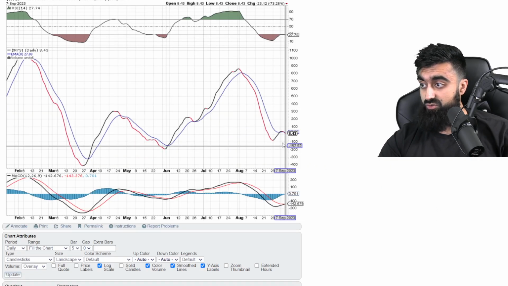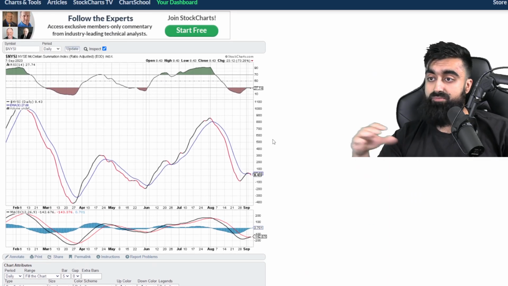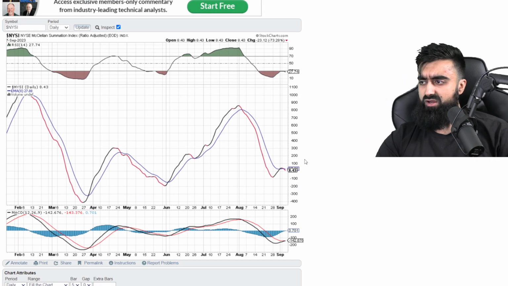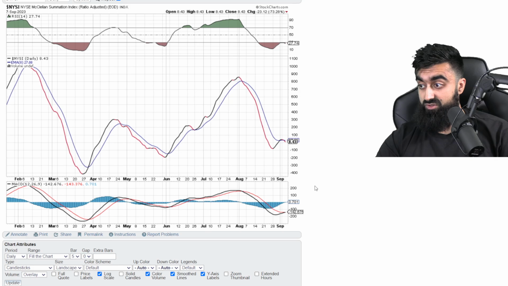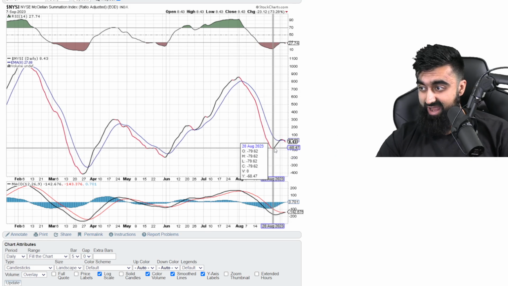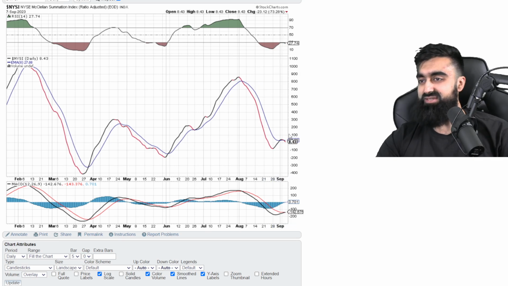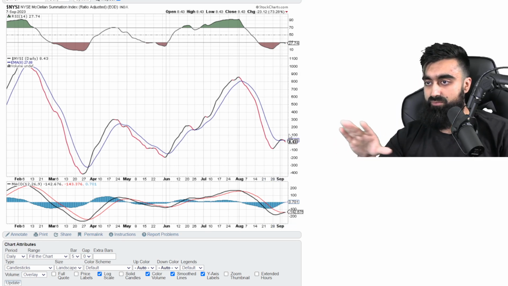The momentum on both the NYSI and the NYMO are both bearish. And that is interesting, because how bearish can this be? Is this going to end up bouncing? Is the NYMO going to get some sort of a bottom?